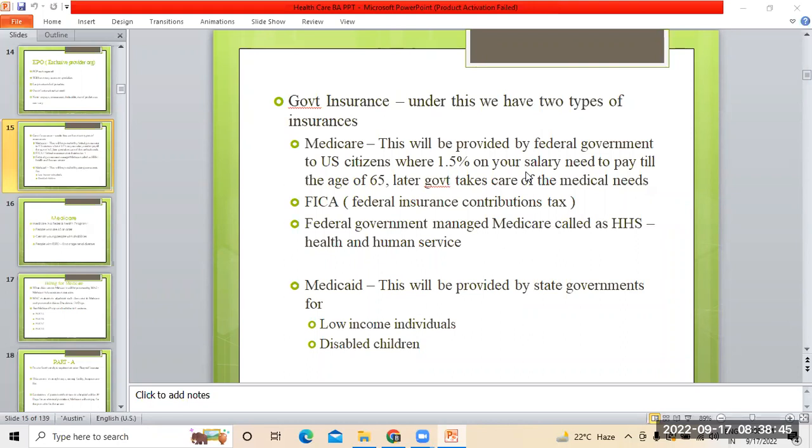Normal insurances will be taken and used only at the time of claims. Normally we don't expect it, but if there is a requirement, the medical expense reimbursement will be done through claim processing. Those rules and regulations have to be explained by the insurance companies to all the people who are getting insured. That's what we call EOB, Explanation of Benefits.